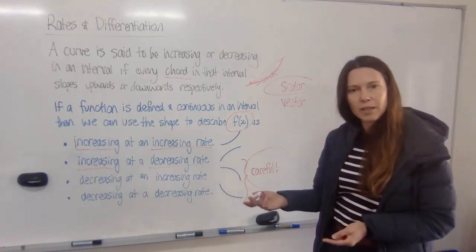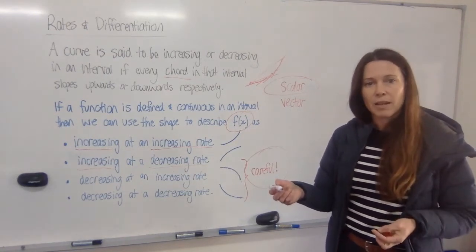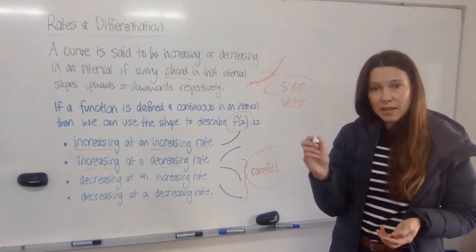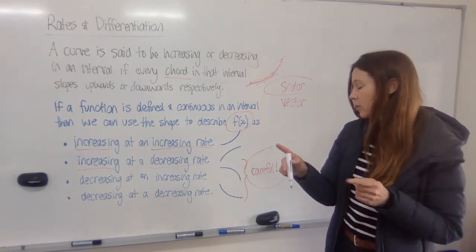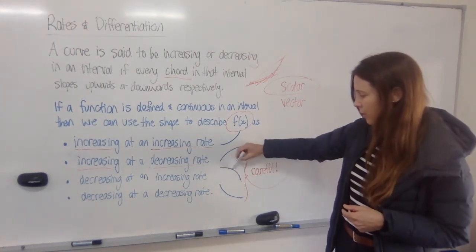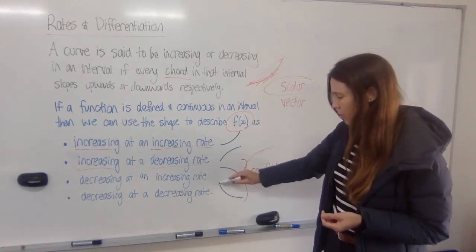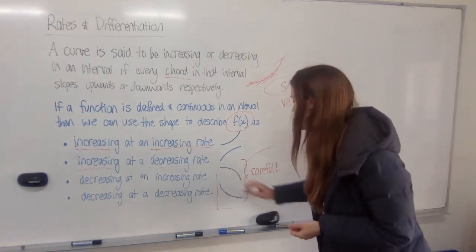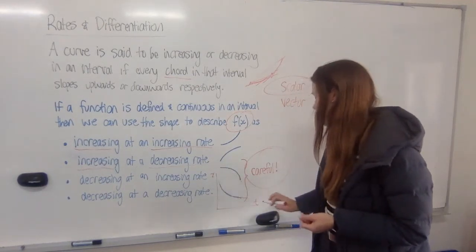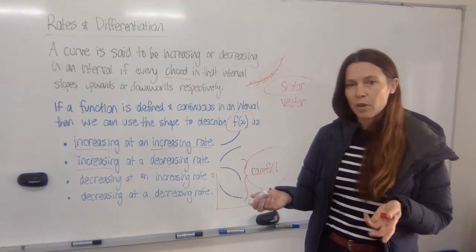And the reason we need to be careful is because we've just learned about velocity and acceleration and how velocity can be negative if you're going backwards or going down. Now, if this was graphing displacement, let's just use this one as an example. If this was a graph of displacement over time, so we'd have x here and t here, then what would the velocity be at any one moment?